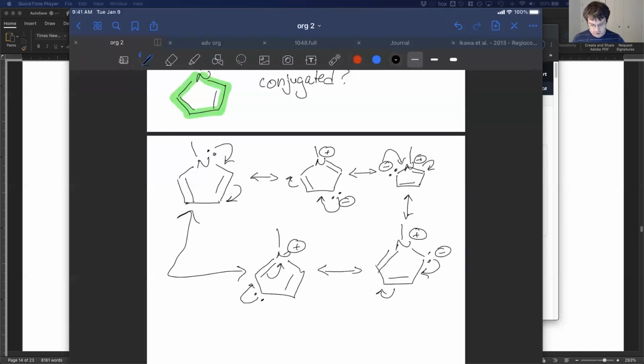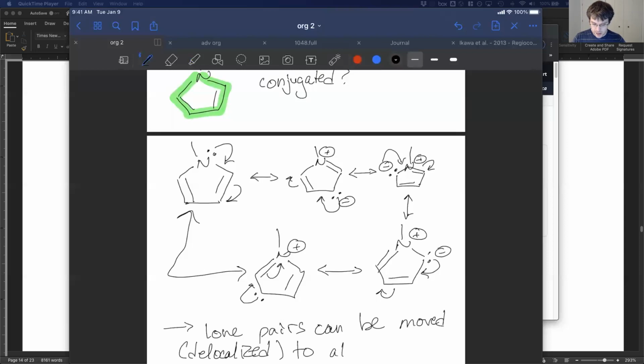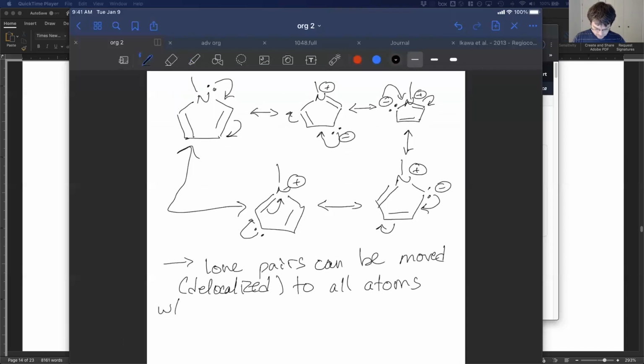So here the lone pairs can be, what we say is they can be moved or delocalized to all atoms within the ring system. So they can be part of the conjugated system.